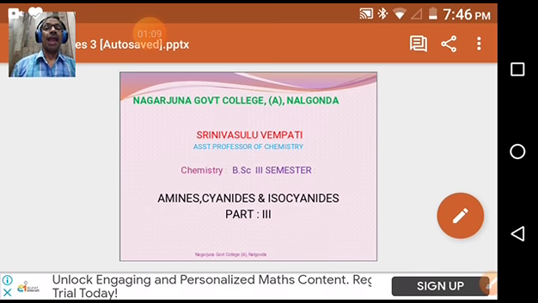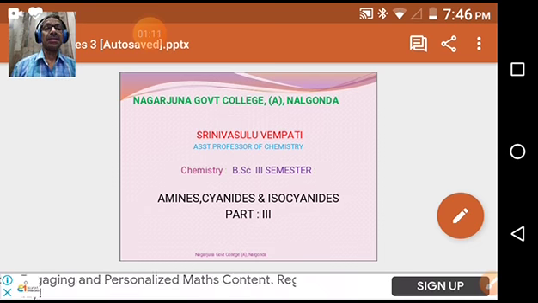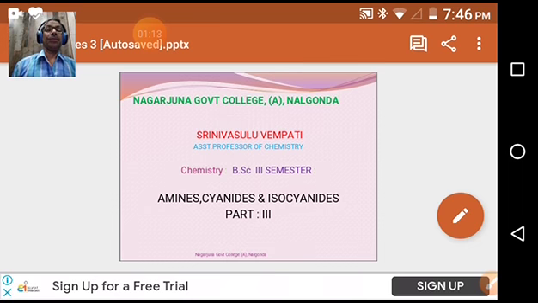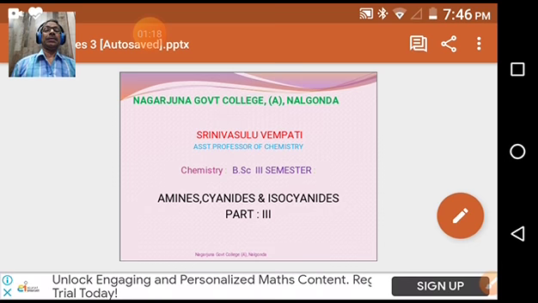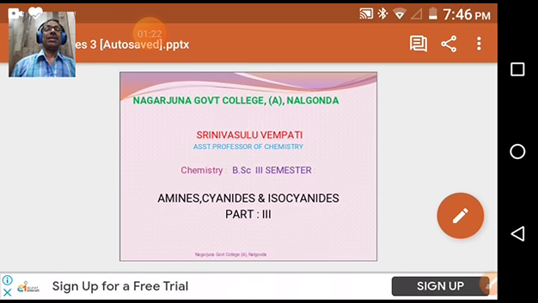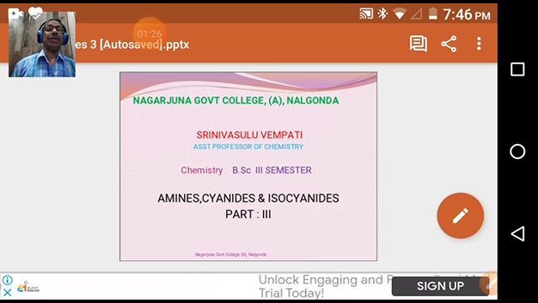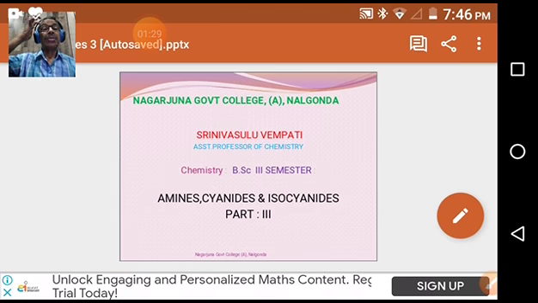Third, Gabriel phthalimide synthesis. Fourth one is Hofmann bromamide synthesis, and the fifth one is Schmidt rearrangement reaction. In the last class, we discussed especially these three types of methods.